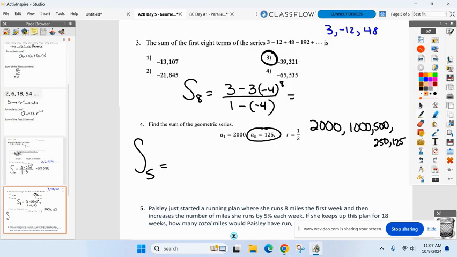Gianna, here you go. First term. Yep, 2,000. I'm just going right off my formula sheet. Minus 2,000 times, what's my R value? Raised to the 5th. Good. And on the bottom, 1 minus. There you go. Good work.